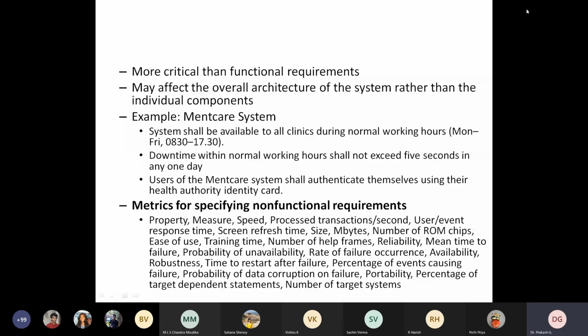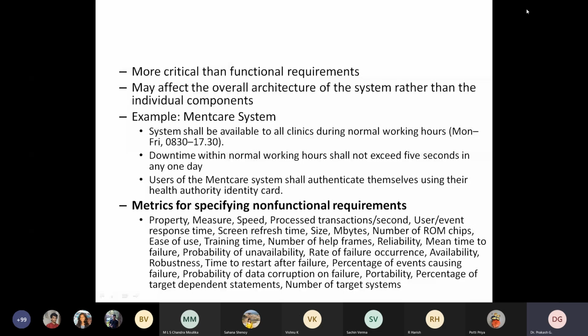This is very difficult to identify from a particular system, so it is required for a software engineer to differentiate or categorize between the functional requirements and the non-functional requirements. With this I will conclude.